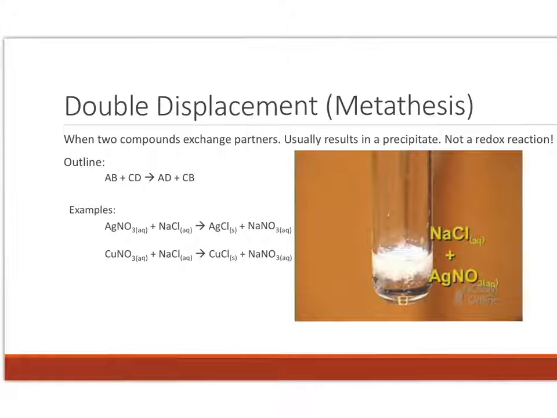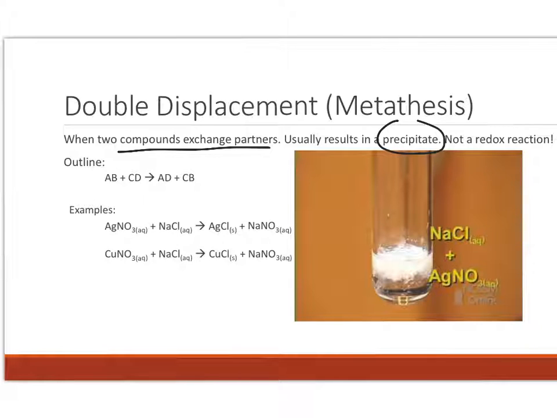So here's our 4th type of reaction. It's called double displacement, or sometimes metathesis if you want to get all fancy. This is where 2 compounds exchange partners, usually in a solution, and that exchange of partners results in what's called a precipitate. This is not a redox reaction.